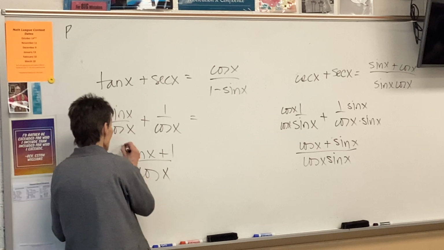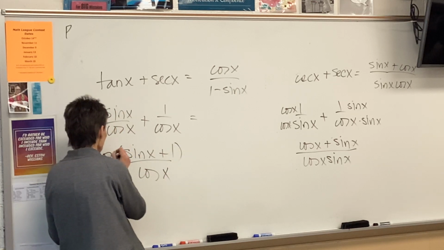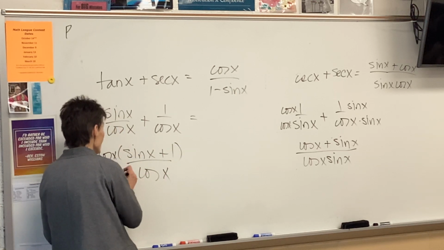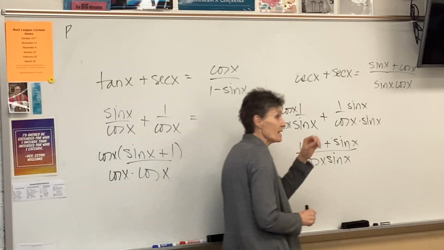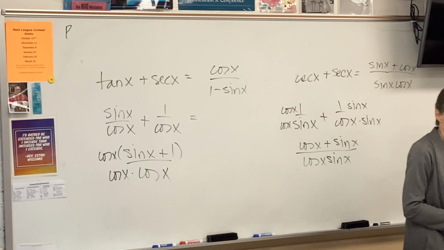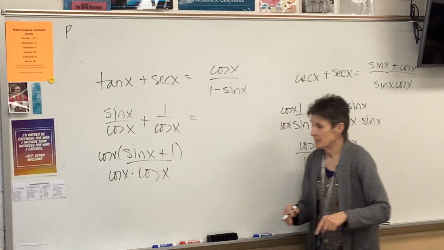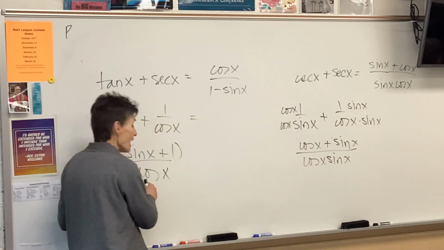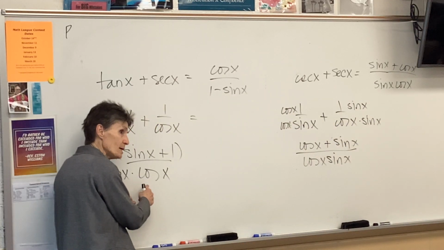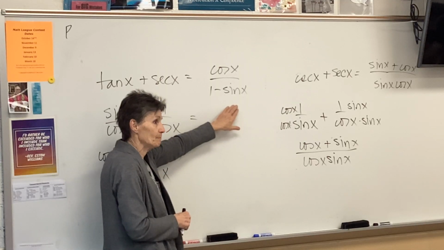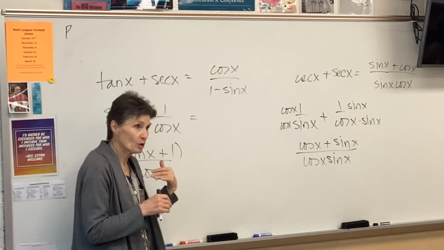So maybe I'm going to multiply the top and the bottom by cosine. Credit where credit's due, the only reason that he suggested that is because if I have a cosine squared, I can change that into a sine. I can't change cosine.